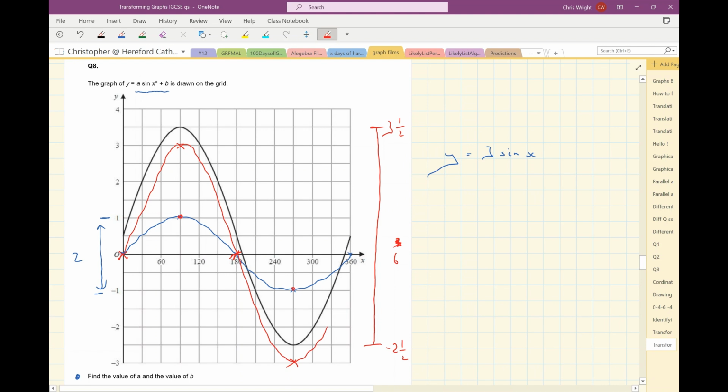And what is the relationship between y equals 3 sine x, this red graph, and my target graph? Well, my target graph is the red graph translated by 1 in a y direction. So it is y equals 3 sine of x plus 1. So a equals 3 and b equals 1.